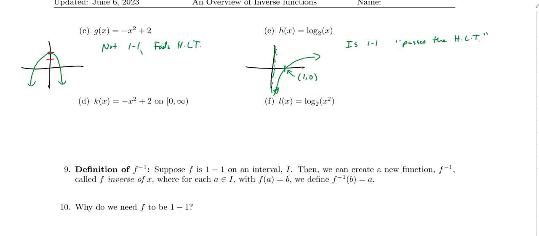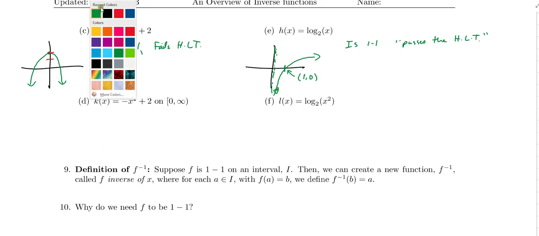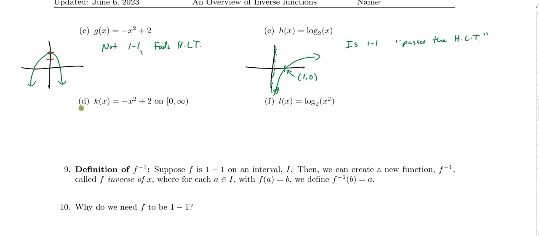Okay. These next two examples are really important, I think, because it lets you know that this topic can sometimes get a little bit more difficult. So for letter D here, we've got k of x is equal to minus x squared plus 2. This is the same function that we had up above here, but in this case I have this restricted domain.